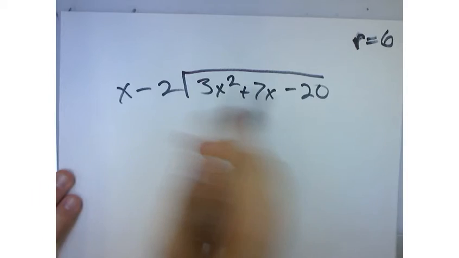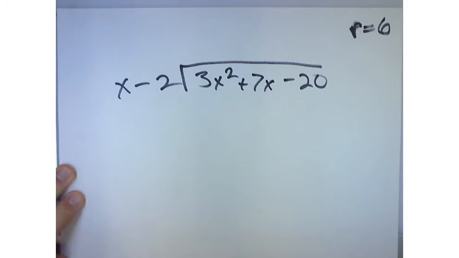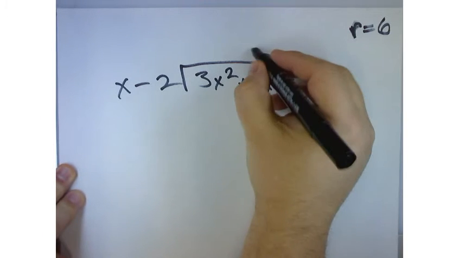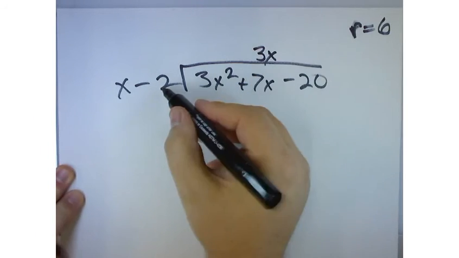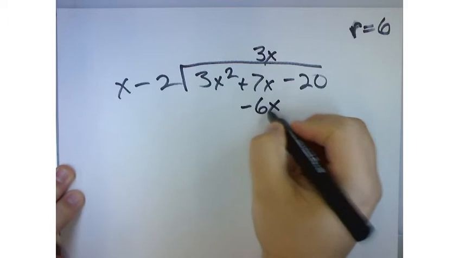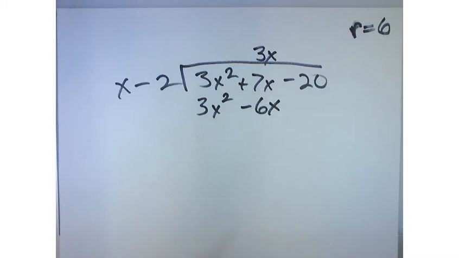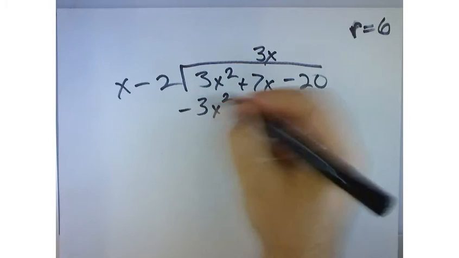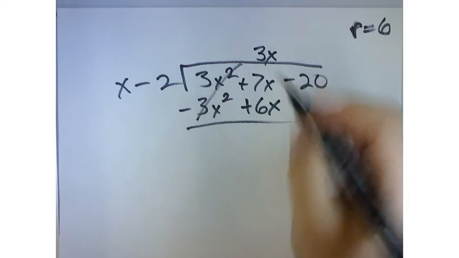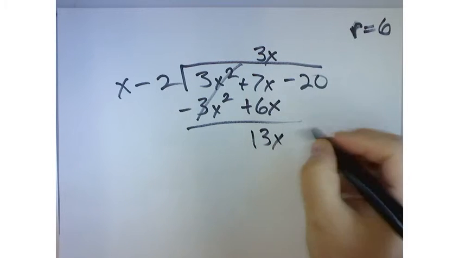So what do I multiply x by to get 3x squared? 3x. 3x times 2 is negative 6x. 3x times x is 3x squared. Now I'm going to change the sign, so this becomes negative, this becomes positive. These cancel, and I have 13x minus 20.